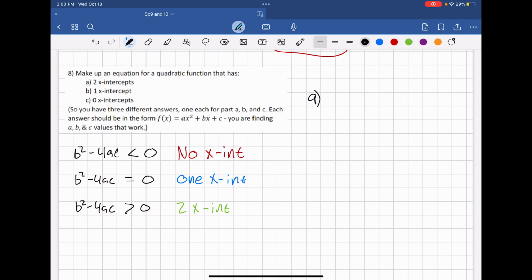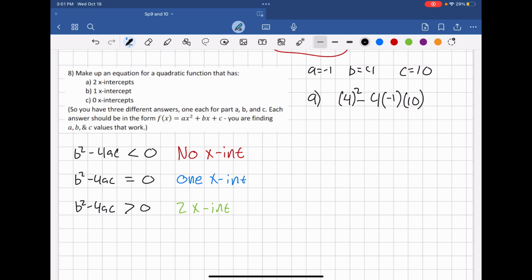So let's try one out. Let's try to make up 2 x-intercepts. We're going to want b squared minus 4ac to be positive, right? So I'm going to choose, let's say b is just 4. So b is equal to 4. And then it's going to be minus 4 times a. What should we make a? Let's make it a negative number, so that it makes the negative in the negative 4ac a positive and makes it a positive discriminant, right? So a is -1, and let's choose something for c. Let's go 10. c is equal to 10.